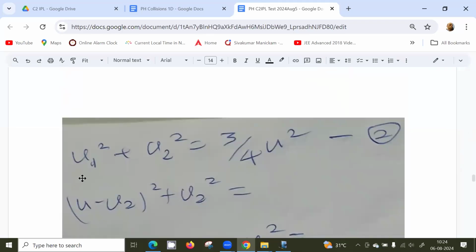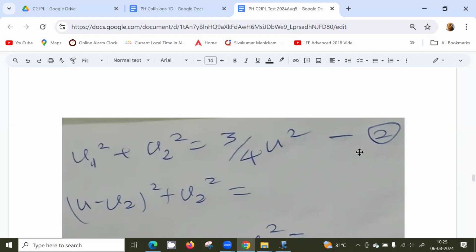And energy is lost, right? So the final energy is half M V1 square plus half M V2 square, and on the right side the initial energy is half M U square. And 25% energy is lost, so that means Kf is 3/4 of Ki. The initial energy of the second mass is 0 because it is at rest. So the final energy, half M V1 square plus half M V2 square, is 3/4 of half M U square.